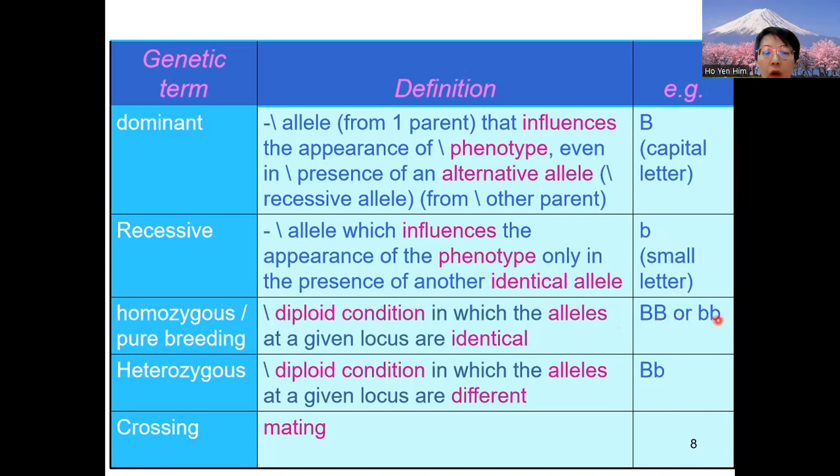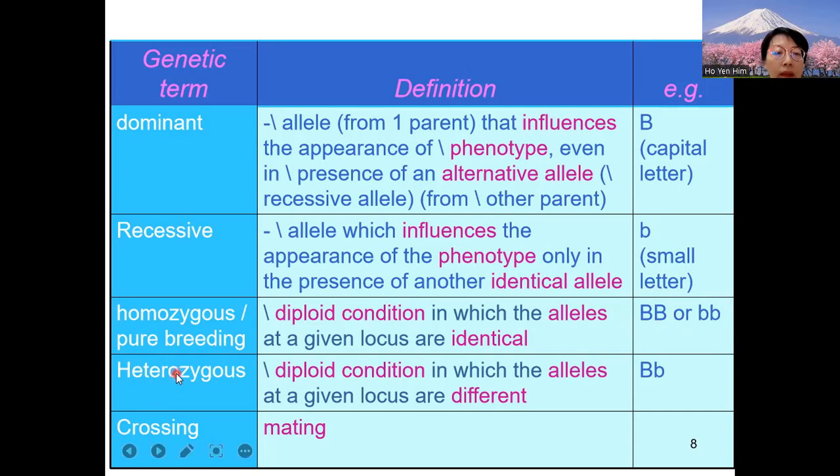It is also called pure breeding because these two alleles are the same, so it's pure. So this father has big B big B; he is pure breeding for brown eye. This mother has small b small b for genotype, so she is pure breeding for eye color, which is blue eye.